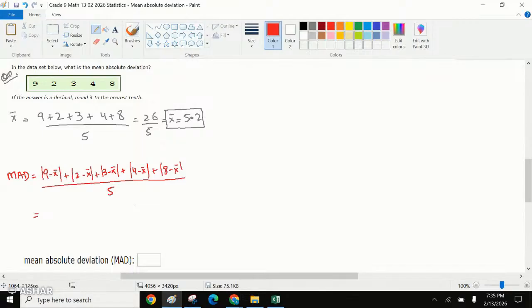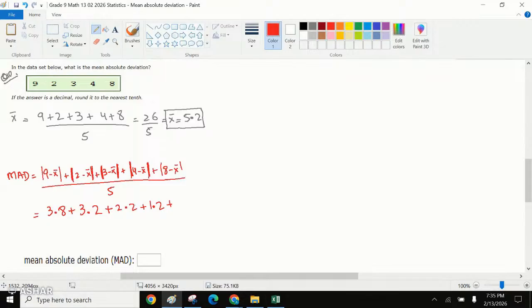So 9 minus 5.2 is 3.8, and it would stay positive, right? 2 minus 5.2 is negative 3.2, but since we have a modulus function, it will become positive. 3 minus 5.2 is 2.2 with a negative, so with the modulus absolute function, it becomes positive. 4 minus 5.2 is minus 1.2, but the absolute function is there, it becomes positive.